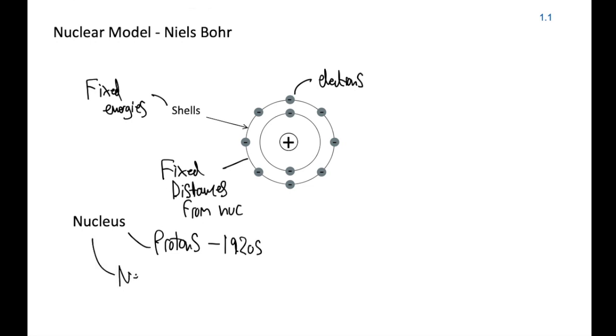And as for neutrons, a different physicist called James Chadwick, at the start of the 1930s, 1932, carried out experiments and provided evidence for the existence of neutral particles as part of the nucleus, separate from protons. These are now known as neutrons.